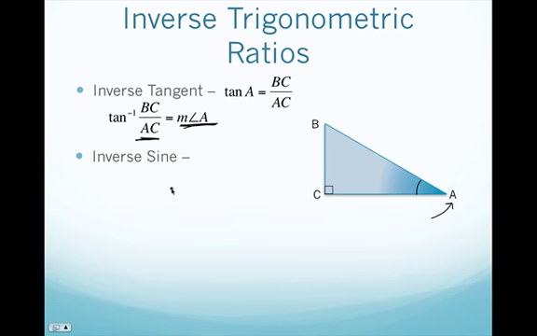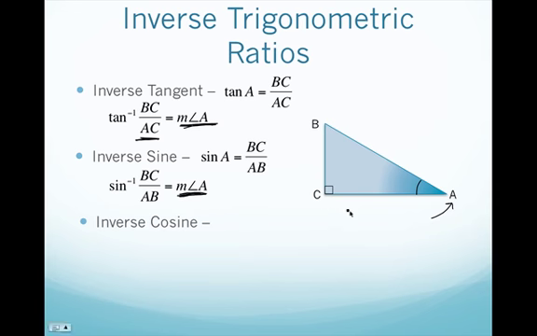Likewise, remember sine is opposite side over your hypotenuse. So if we have the opposite side and our hypotenuse length, then we can use the inverse function having those ratios, opposite over hypotenuse, and that will also give us the measure of angle A. And lastly, we can also use cosine.